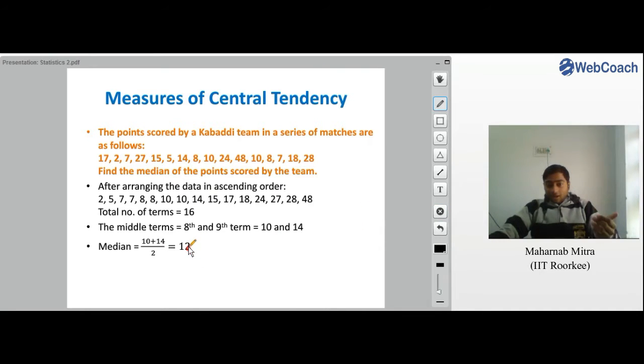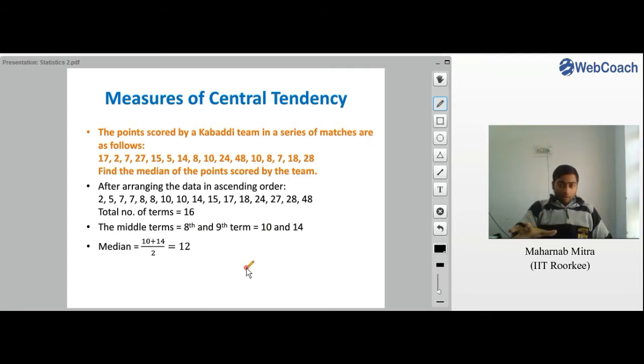And suppose you are given 17 terms, and at the center you put the value 12, even then the median would be 12, right? The median will be 12 because you will have 8 numbers behind it as well as 8 numbers ahead of it.